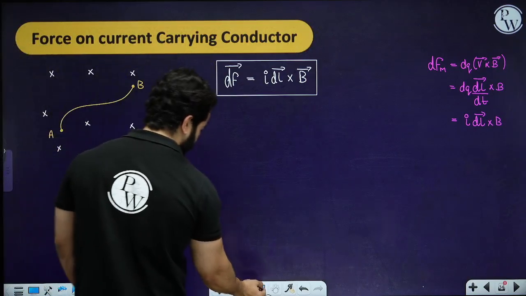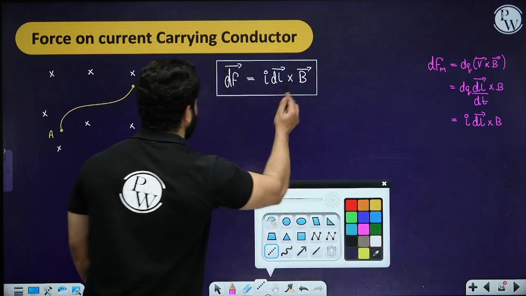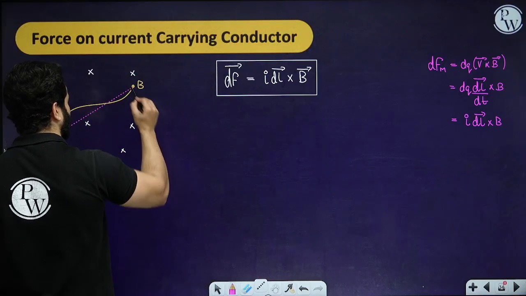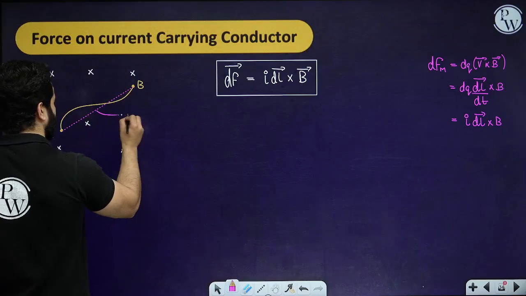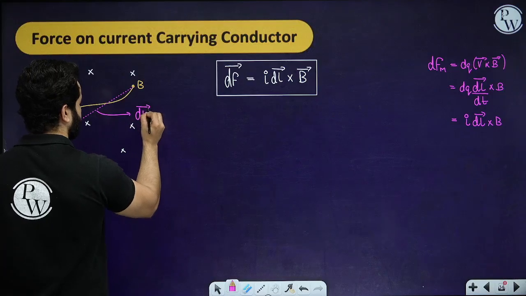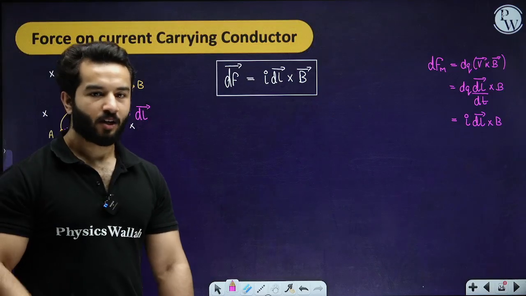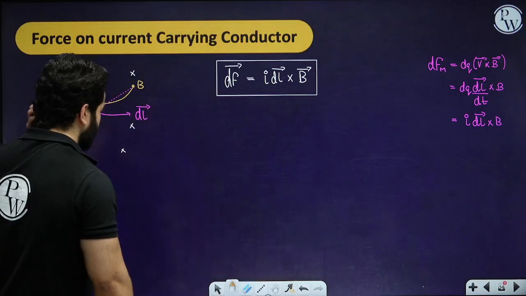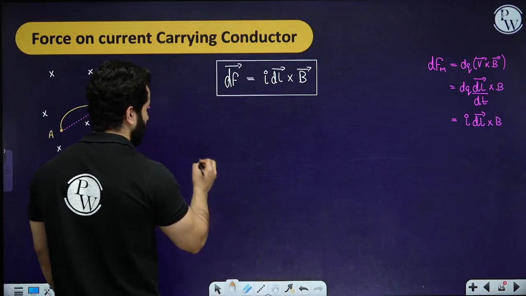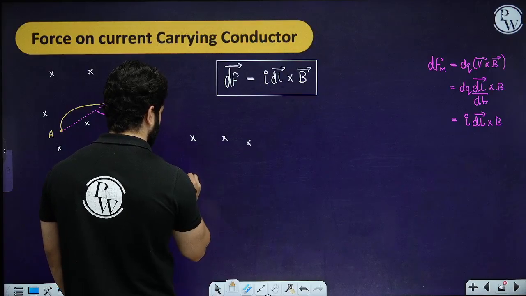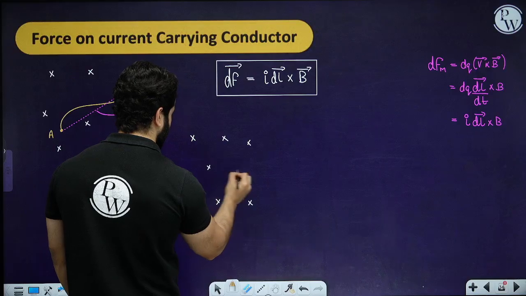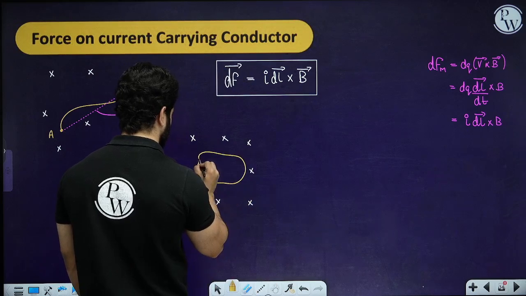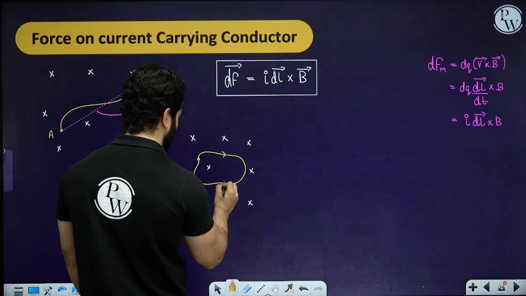The important thing to note over here is that this dl is actually the displacement vector between point A and B. This is what dl is, the shortest path, right? Because this holds quite some importance. The reason is, let's suppose you have got a closed loop, something like this. This is a magnetic field region and you have got a current carrying closed loop.